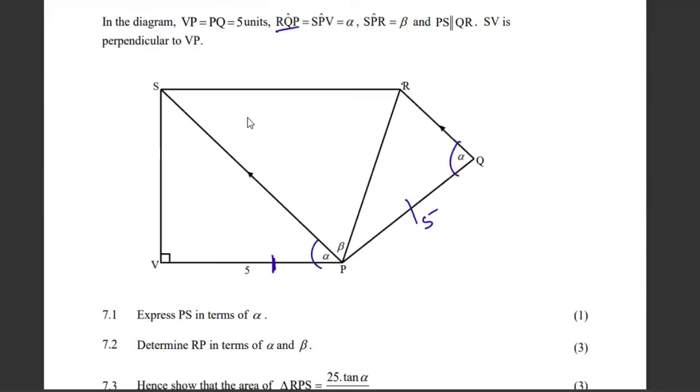Then this is a beta, those two lines are parallel, this is a perpendicular. They want us to express PS in terms of alpha.